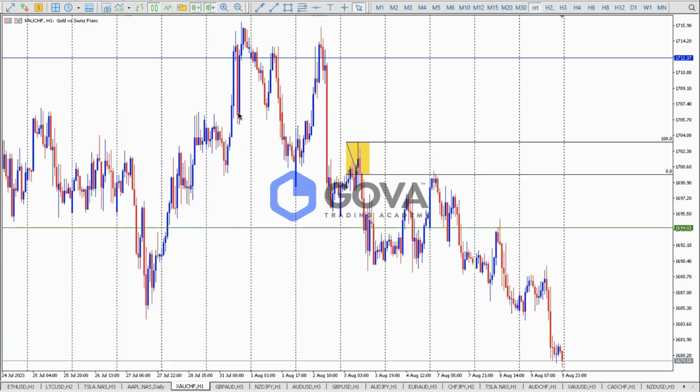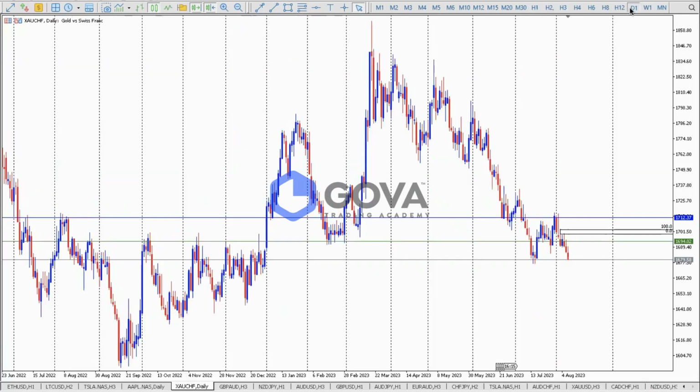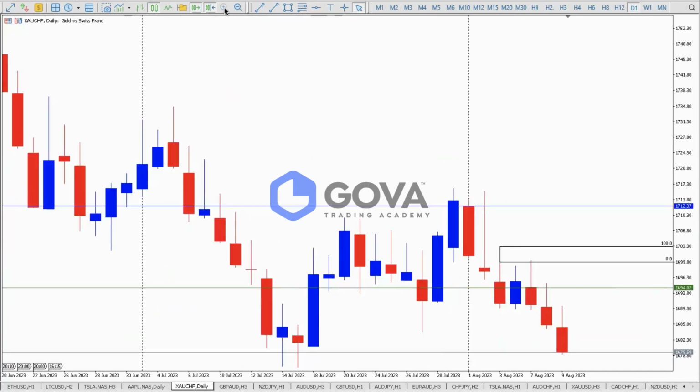If I switch to a D1 time frame now, and my yellow zone is not sitting on the supply area of the bearish candle, and it is sitting on the body of the candle, it is not good. But you can see right now, the yellow zone is sitting at the supply side of the candle, isn't it? Because we all know that the supply of the candle is anywhere from here to here, right? That is the supply of the candle.